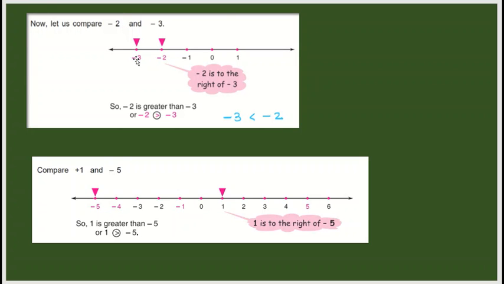Minus 2 and minus 3 are both negative integers. Here 3 is numerically greater than 2, but since both are minus, minus 3 will be smaller than minus 2. So that I have written here. That means you can observe one thing: the greater the numeral value, the smaller the integer. If the numeral value is greater, then integer-wise it is smaller.